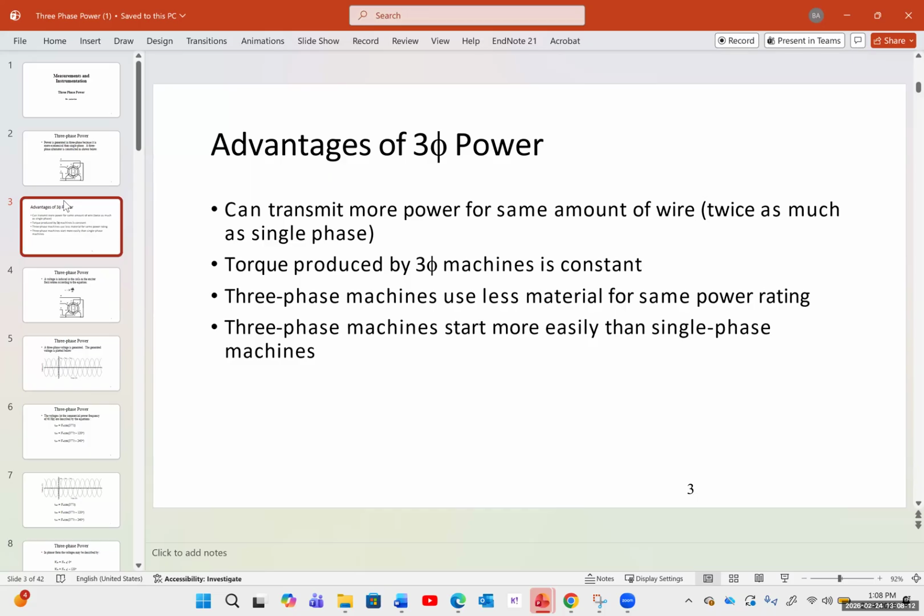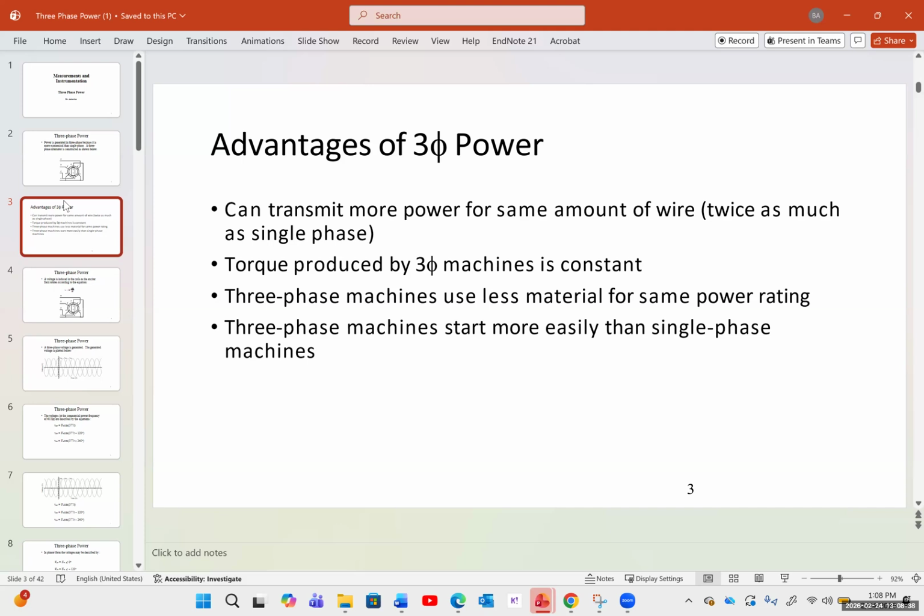You don't need a neutral, and I'll explain why we get rid of the neutral. If I want to convey the same power with three single phases, I need three pairs, three phases and three neutrals. Therefore, I need 6 wires. But I can transmit the same power just by using 3 wires in a three-phase system.